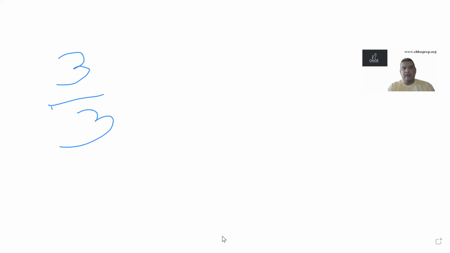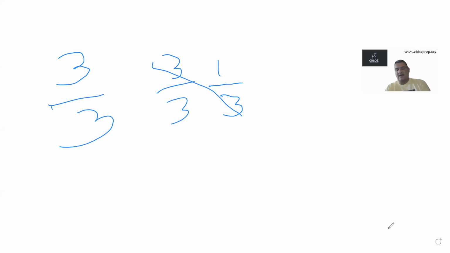So 3 over 3 is 1, right? The only reason I bring that up is that if I want to get rid of a 3, I can multiply by 3 over 3, because those will cancel out. In this case, not the best example, because it just becomes 1/3 back to where it is. But I want you to know that that's a trick you can use. I'll need to look up a better example.